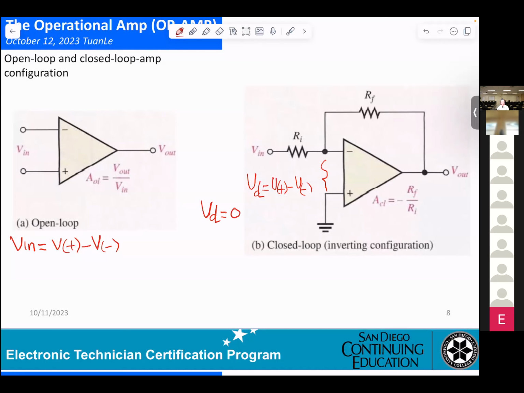Remember, very important. If VD equals 0, that's telling you one thing: V at positive is the same as V at negative. Okay, V positive is now connected to the ground. So basically 0 volt. So what is the voltage here?